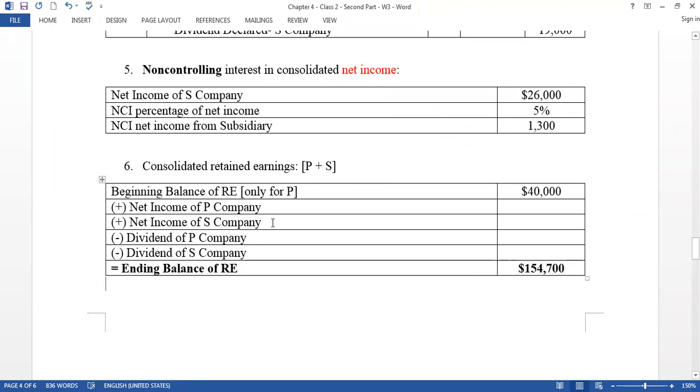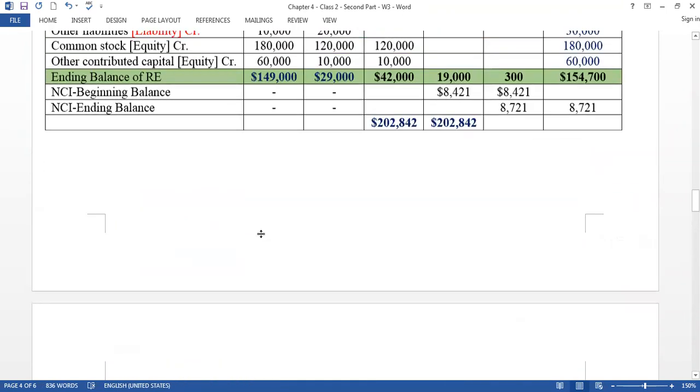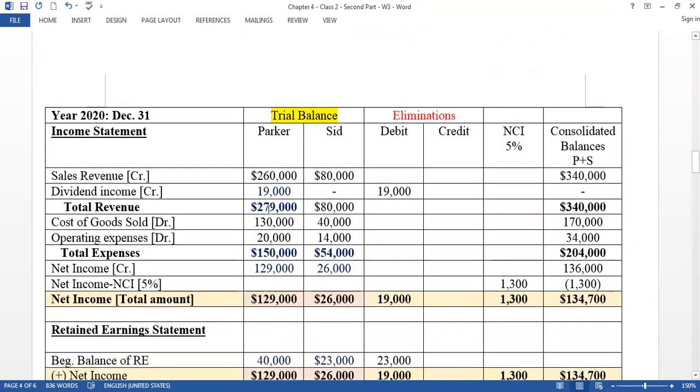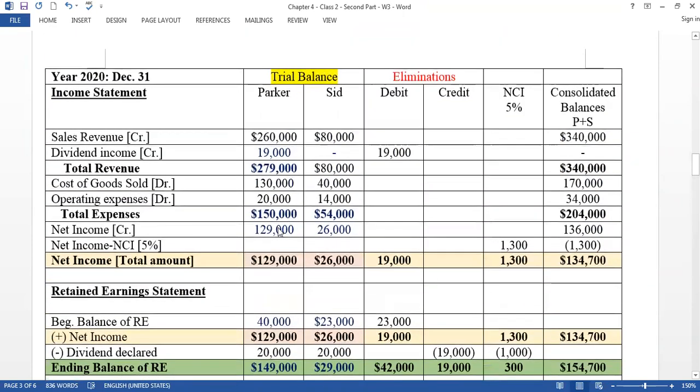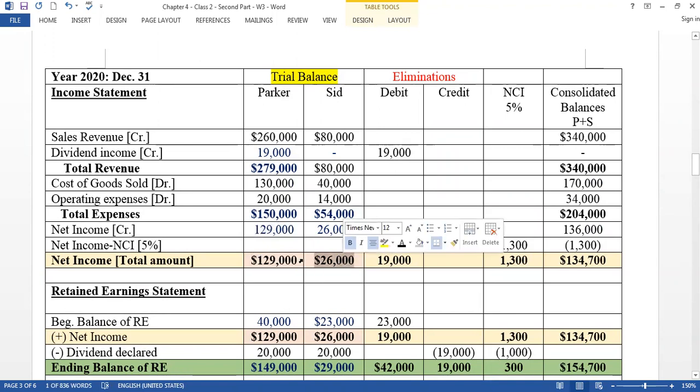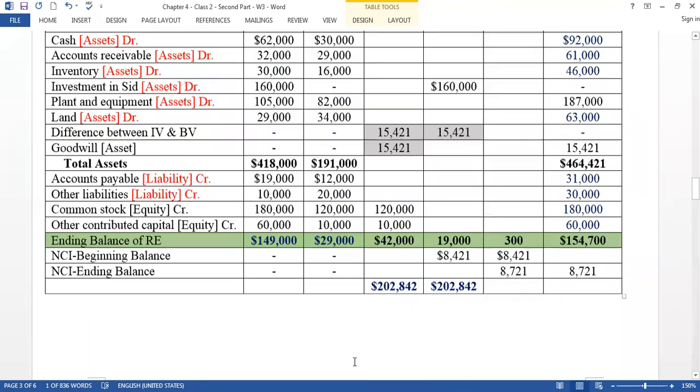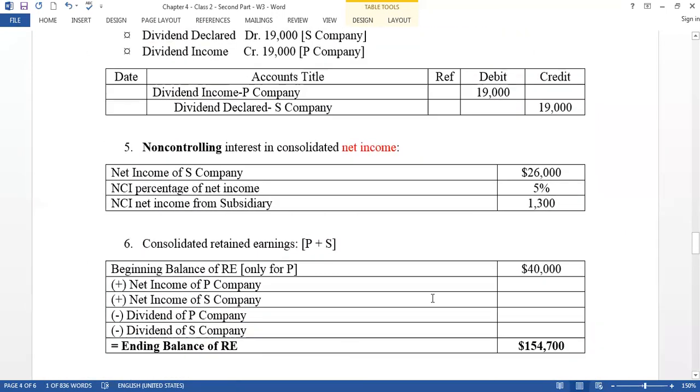So the net income of the parent's company is given in the question here. $129,000 is the parent's company, and $26,000 is the subsidiary. So I write 129 first. So net income of the parent's company is 129,000, right?